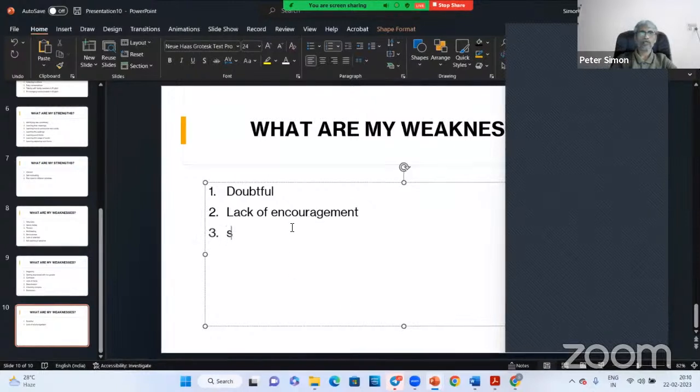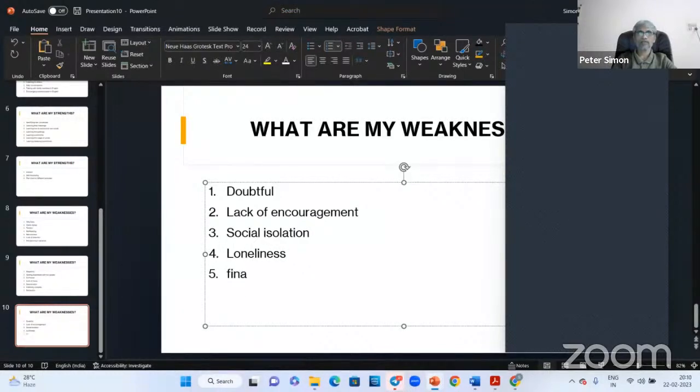Yes, social isolation, missing family members. Loneliness, financial struggles, frustration.